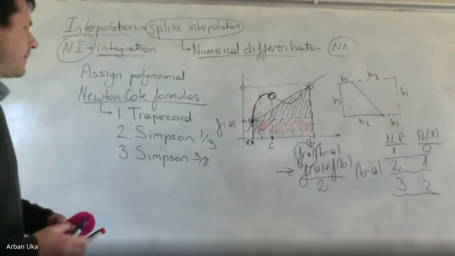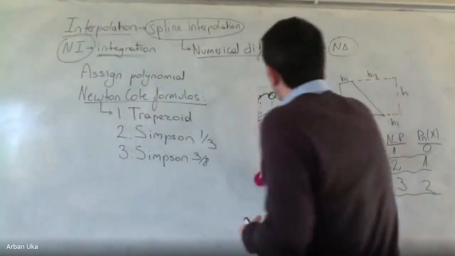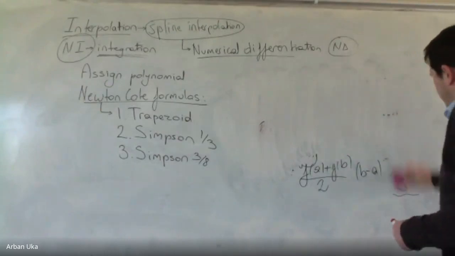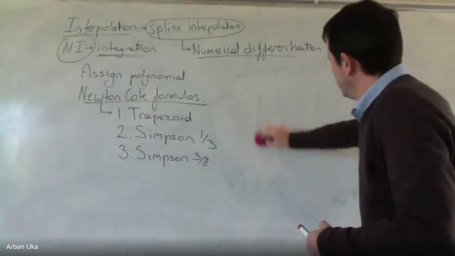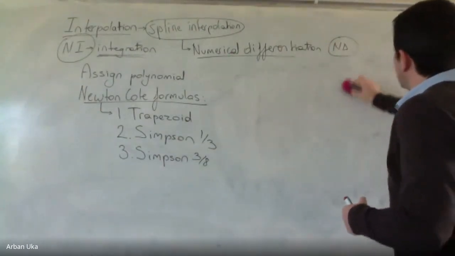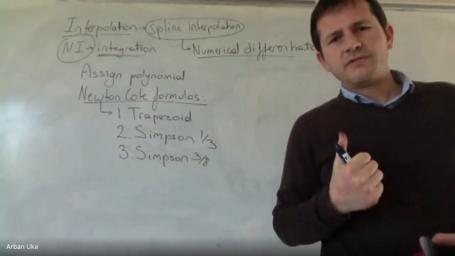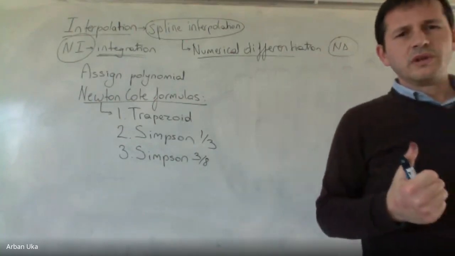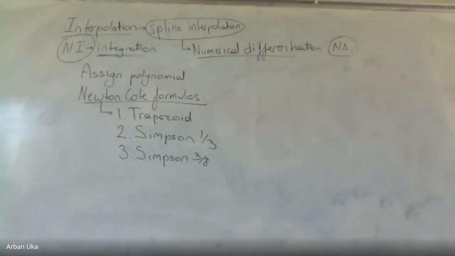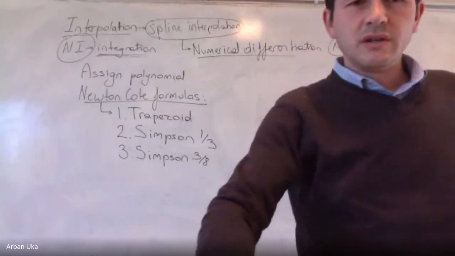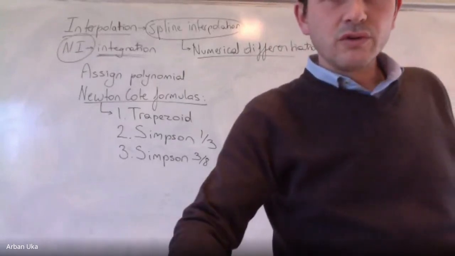Now I want feedback from you. If I turn on the light, will the view be better or not? I'm afraid that the reflection might diminish the quality that you see.